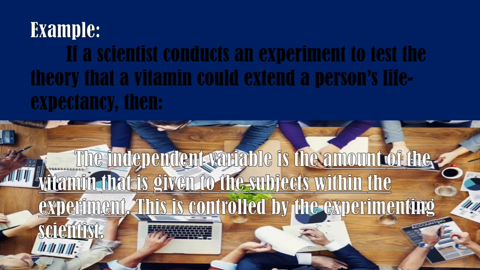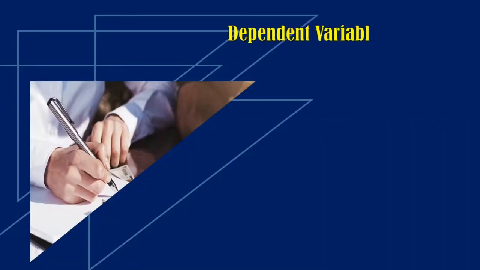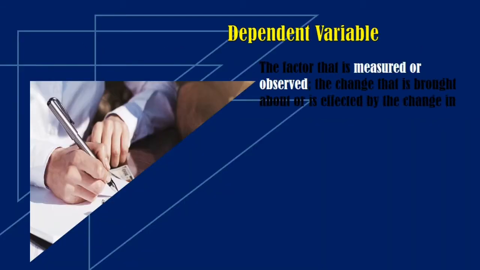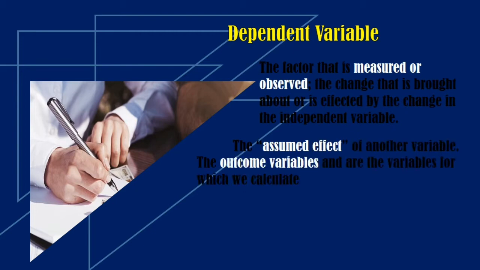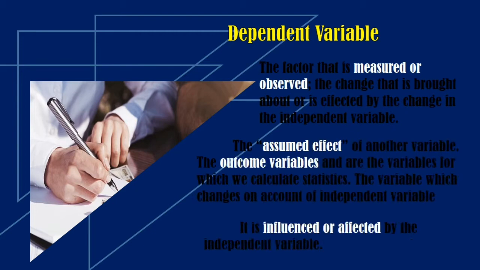Now let's proceed with the dependent variable. This is a factor in research that is measured or observed. The change that is brought about or is affected by the change in the independent variable.